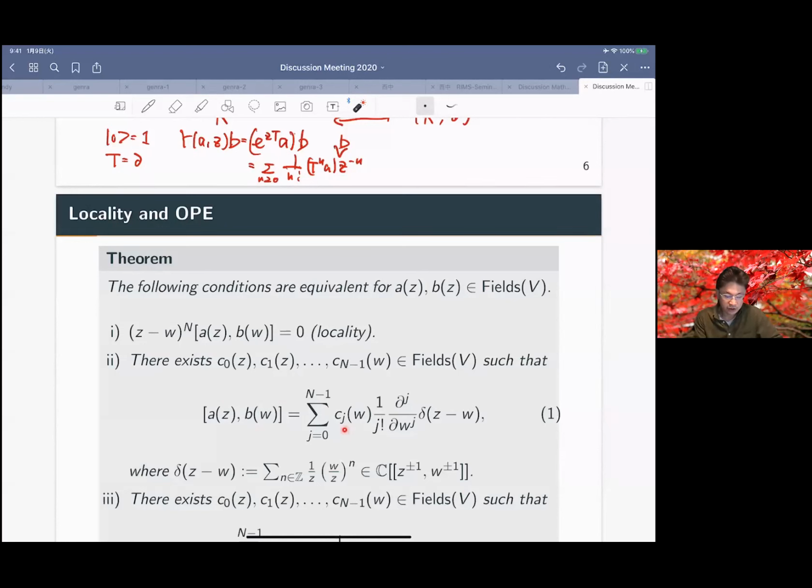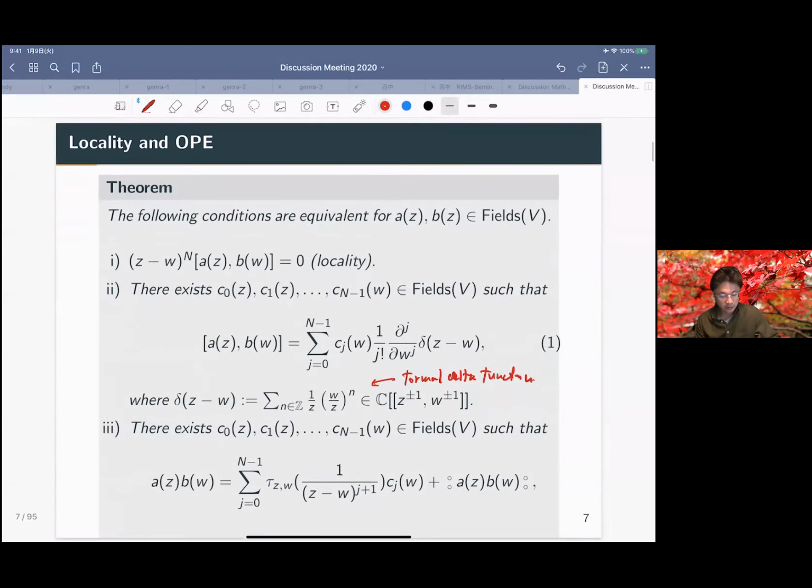So c_j are some fields on V. So this is some formal series, and this is some formal series defined in this way, and this is called a formal delta function. So A(z) and B(w) are local to each other if and only if this bracket is expanded in this way.